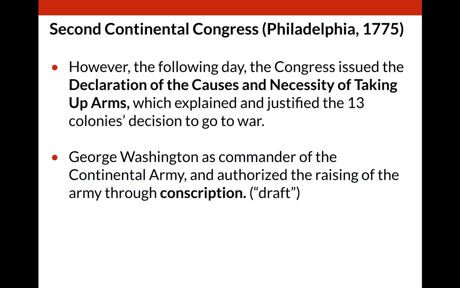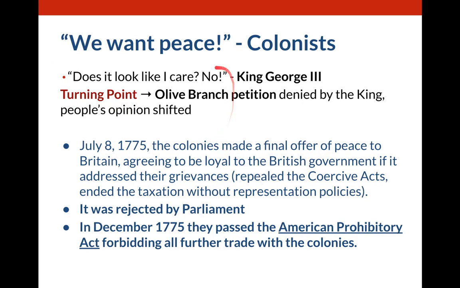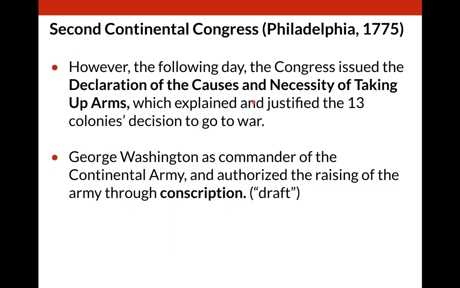Now, don't think that we are so innocent over here. We did write the Olive Branch Petition, but the next day, before we even knew that England rejected it, Congress also did pass the Declaration of the Causes and Necessity of Taking Up Arms, which explained and justified the 13 colonies' decision to go to war.